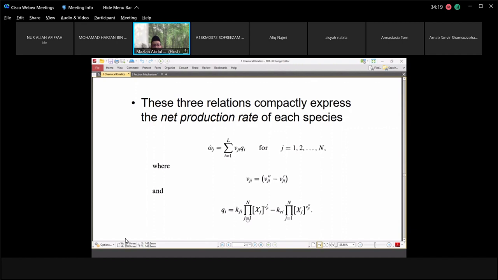In this case J1, repeat for J2, repeat for J3. This omega dot is called the net production rate.